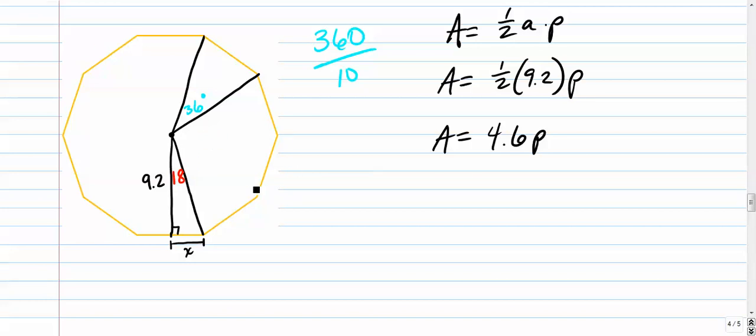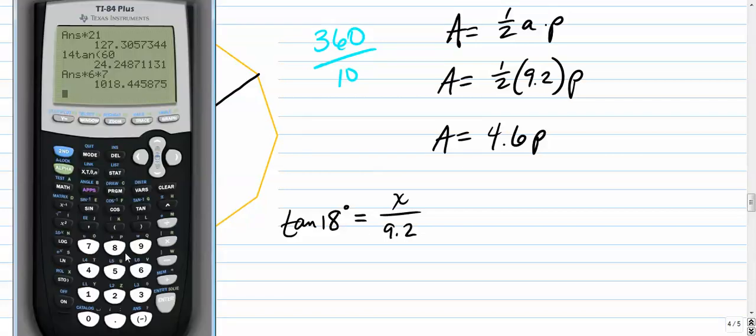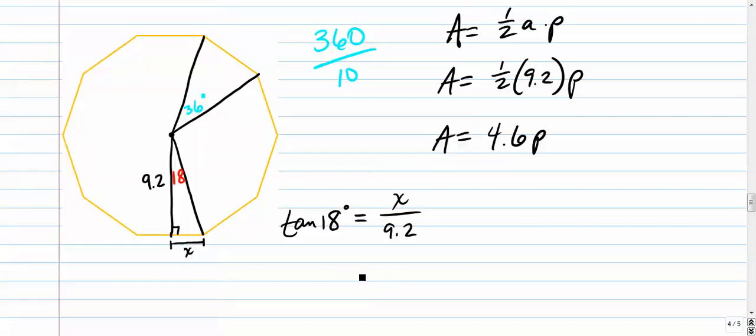So your job really is pretty simple here. We've got an angle, 18 degrees, opposite, and adjacent. And it looks like we're using tangent again. So we go 9.2 times tangent of 18. 2.9892.